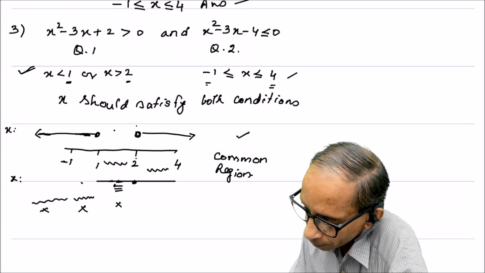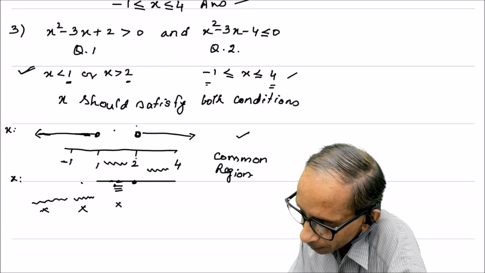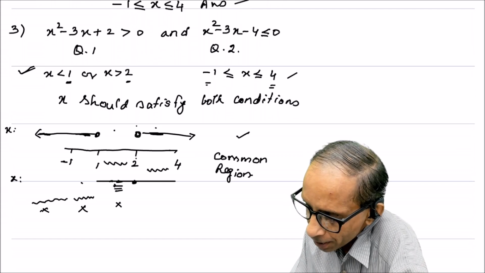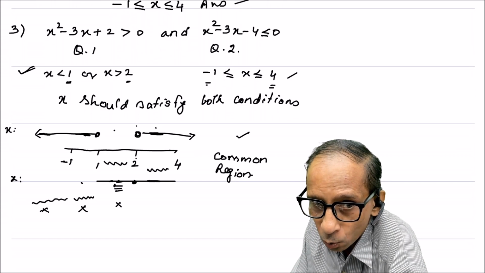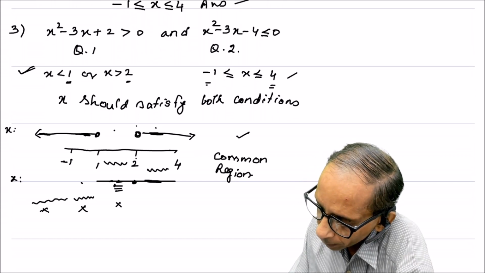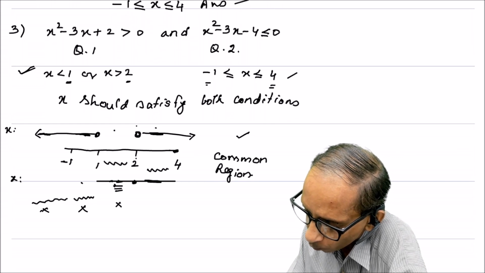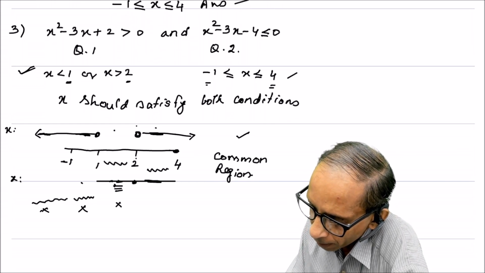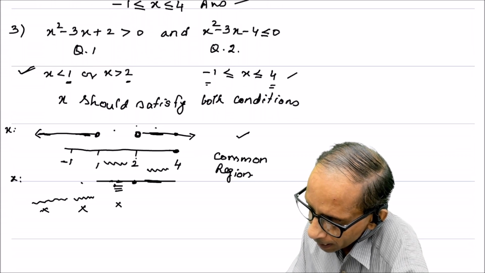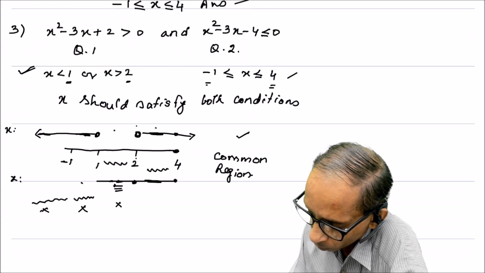From 2 to 4, after 2, the region is available here, and the region is available here also. So we can consider it. At 4, this particular point is available on the top as well as in the bottom.